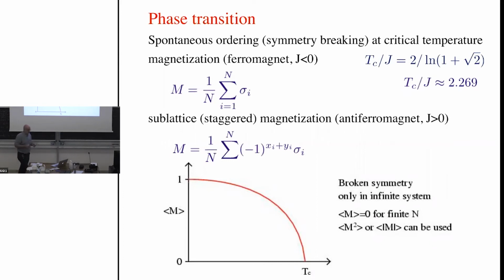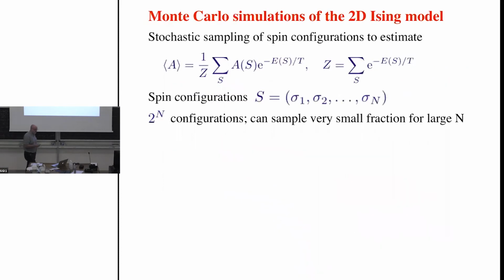In the thermodynamic limit, you can break the symmetry and m will not be 0. But when we work on finite lattices, we want something that is equivalent to the symmetry-broken m in the thermodynamic limit, but has some sensible form also for finite size. So then we can look at m squared or the absolute value of m instead.